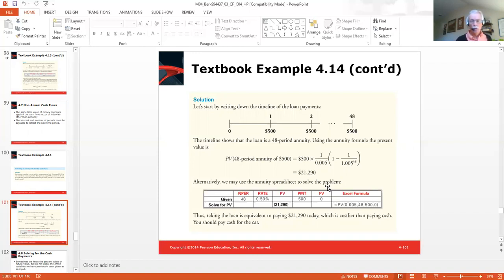If we input all those variables into the drop-down box on the present value function, you will find out that you're given an answer of $21,290. So that's the present day value of making 48 payments of $500 at a rate of 1/2 of 1% per month.